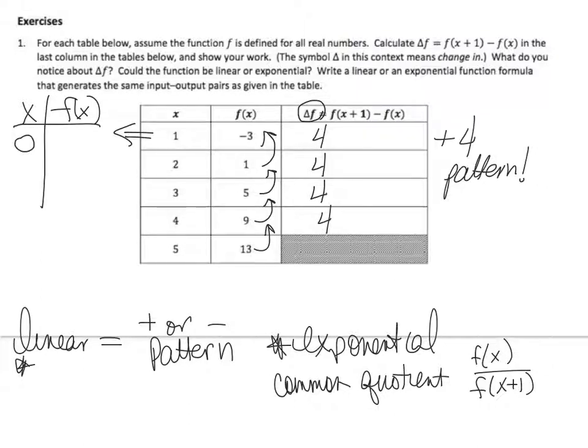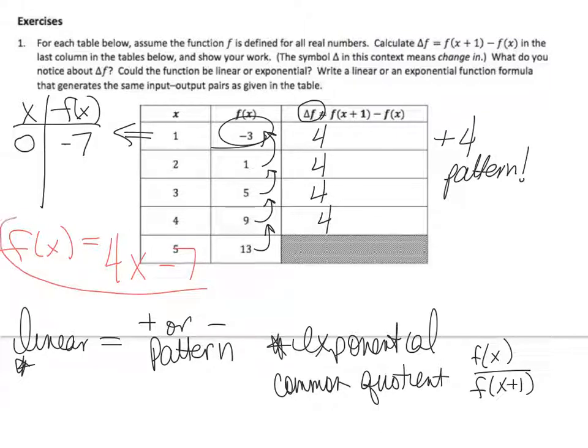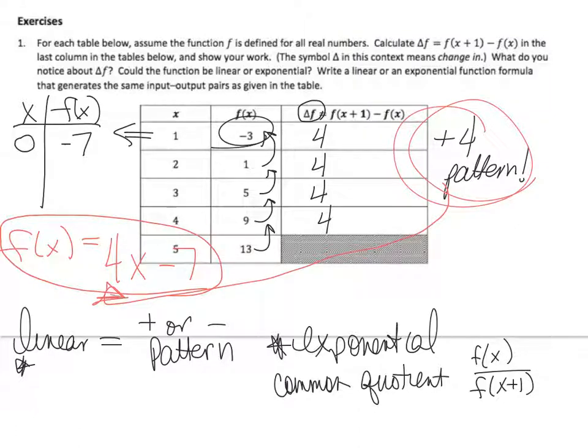So if x were 0, I'm going to subtract 4 more and get minus 7. So now I can write my equation. F of x equals plus 4 pattern minus 7. So that plus 4 pattern is our a term, or our slope, and our y-intercept, or what our value is when x equals 0, is our b term.